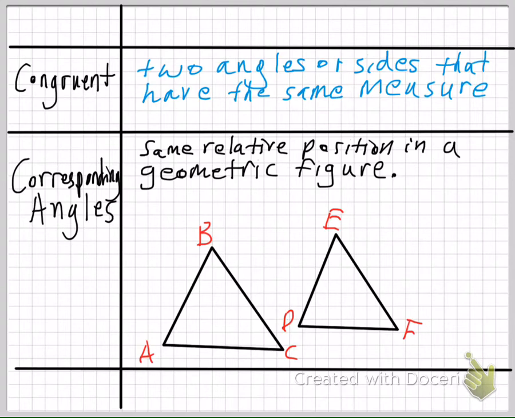All right, so we're going to say that angle A and angle D are congruent, angle B and angle E are congruent, and we'll say that angle F and angle C are congruent.